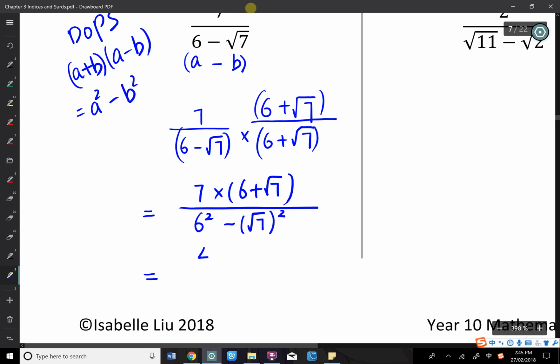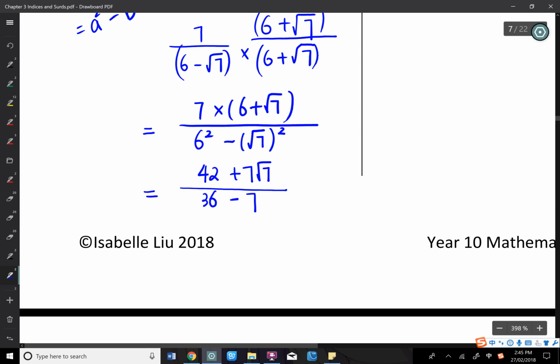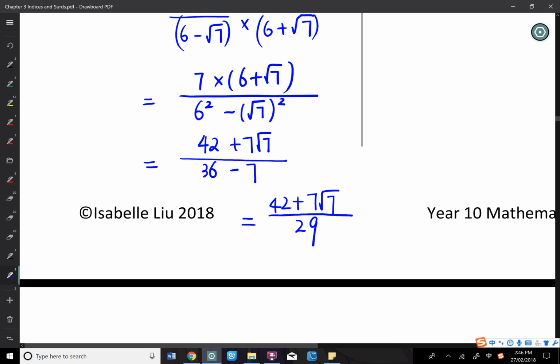So 42 plus 7 root 7 over 36 minus 7. Yes, 6 squared is 36. Root 7 times root 7 is just 7. So that equals 42 plus 7 root 7 over 29. The denominator is 29, and that's an integer.